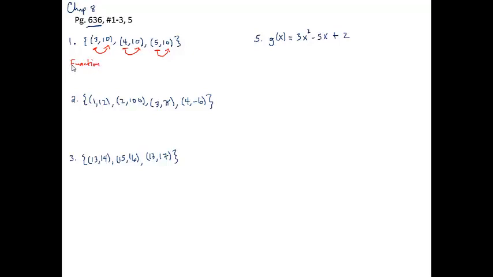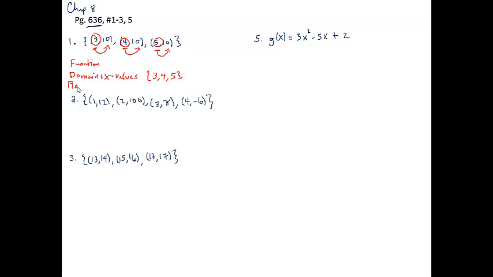And then it says, give me the domain and the range. So remember, the domain is always going to be my x values. So if I look here, what are my x's? Well, they're 3, 4, and 5. So the domain is 3, 4, 5.